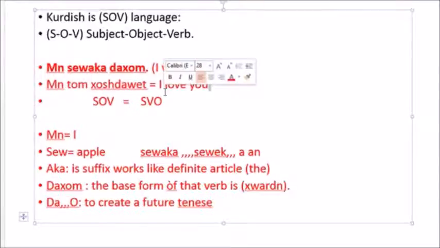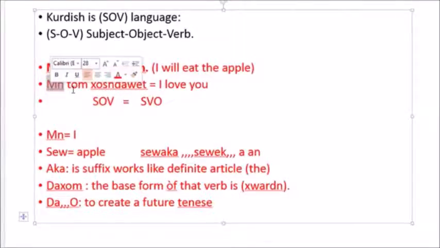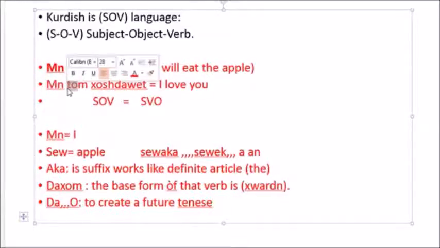I love you. I is the subject, the verb is love, and you is the object. In Kurdish, you say min, which means I. To, it is the object, means you, but in Kurdish we have these personal pronouns. I suggest you go back to the lesson to understand this to.